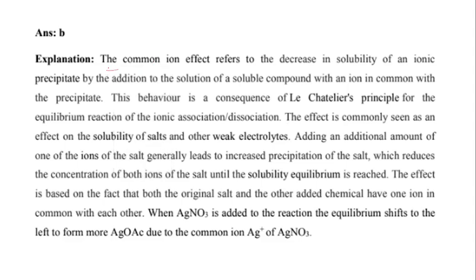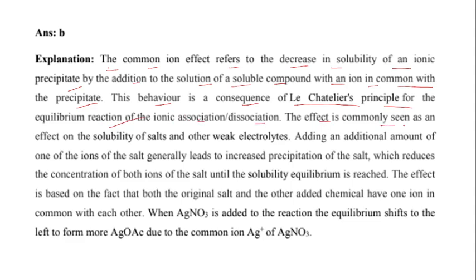The common ion effect refers to the decrease in solubility of an ionic precipitate by the addition of a soluble compound with an ion in common with the precipitate. The behavior is a consequence of Le Chatelier principle for the equilibrium reaction of ionic association and dissociation.